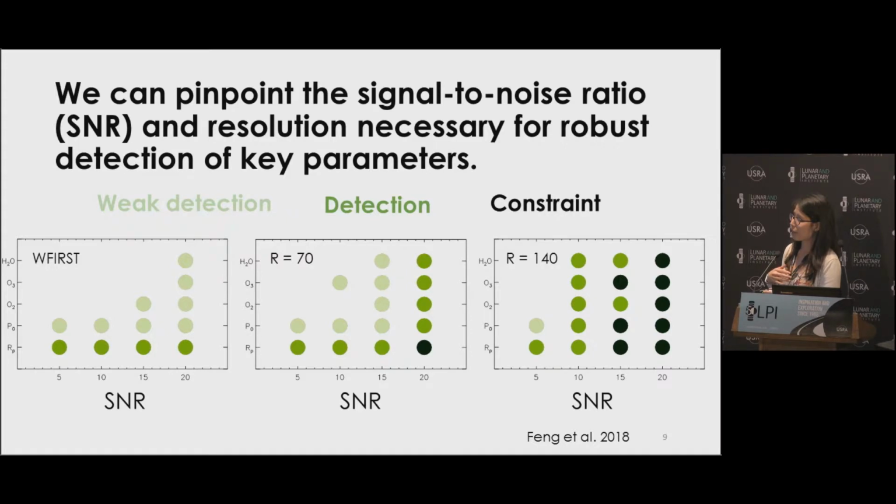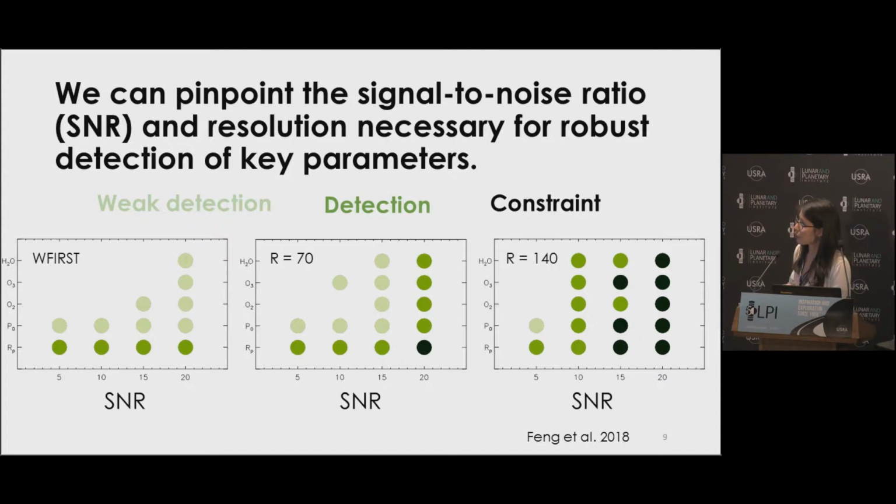And here I've highlighted how well we detected some quantities like planetary radius, surface pressure, oxygen, ozone, and water. And so where there's blank spaces, that means there was no detection, or the posterior distribution is just flat. And then weak detection means that there is a peak in the posterior distribution, but there are tail extreme values that are also probable.